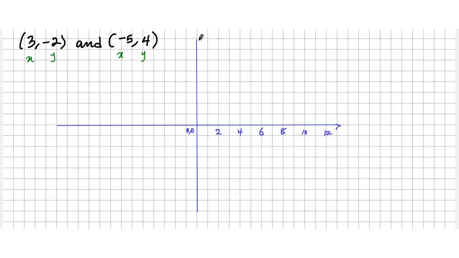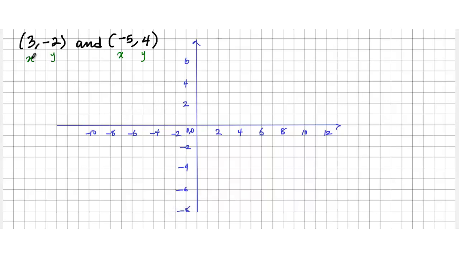This is positive x, this is positive y. Let's say this is still 2, 4, 6. This one will now be -2, -4, -6, -8, -10. Then this is -2, -4, -6, -8.